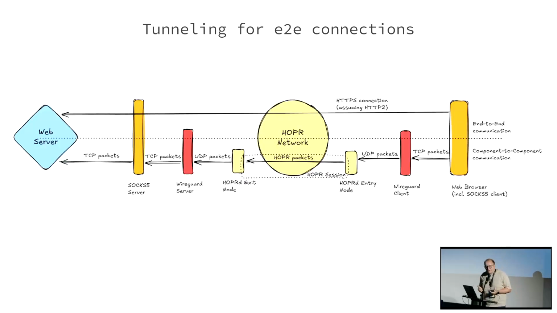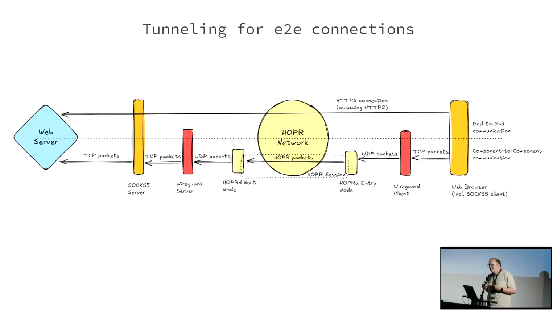To take this even further, HOPR comes into the mix. So now we have the HOPR-D exit nodes and entry nodes, which WireGuard has to communicate with. And HOPR is not talking specifically UDP or TCP between HOPR nodes. HOPR is talking the HOPR protocol. So different packet format, different contracts between the various nodes, running through many hops, and so on.